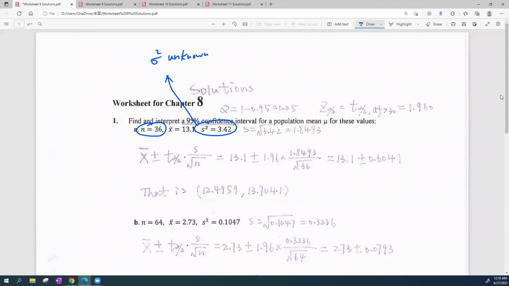X bar 13.1 plus or minus s, which is the square root of 3.42. We calculate that to get 1.8493, over square root of n, which is 36.